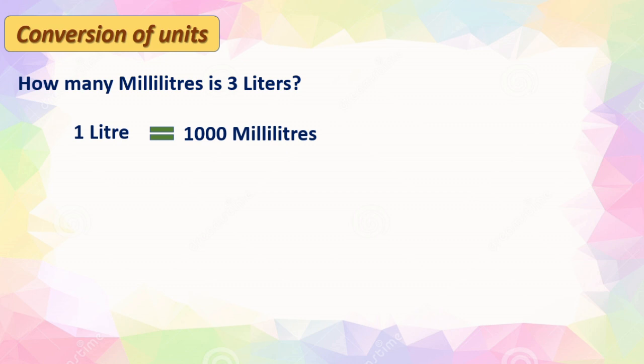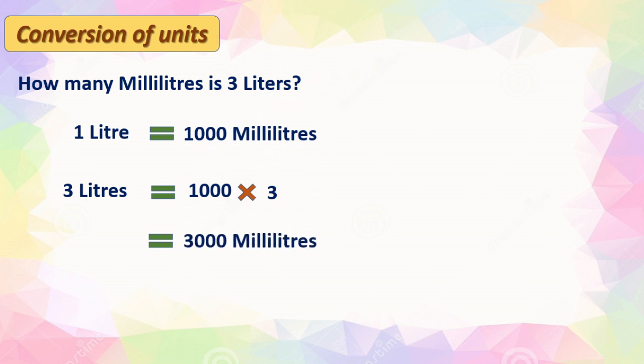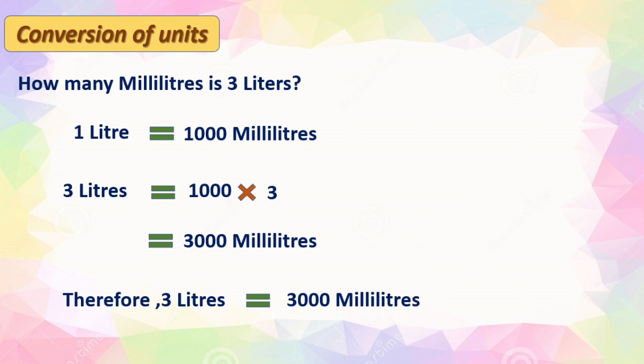By using this, we can find out how many milliliters is equal to 3 liters, isn't it? So 3 liters is equal to 1000 multiplied by 3. So we get 3000 milliliters. Yes, now we will write answer like this. Therefore 3 liters is equal to 3000 milliliters. Simple, right?